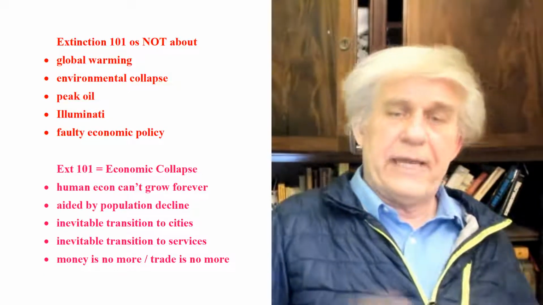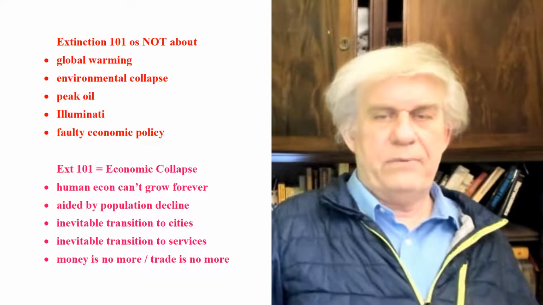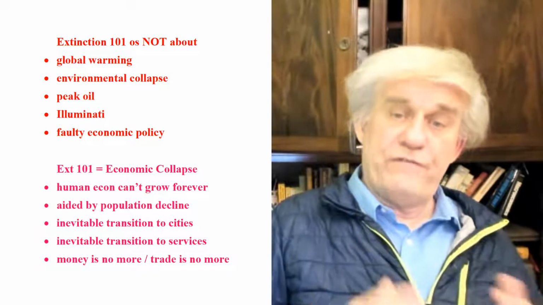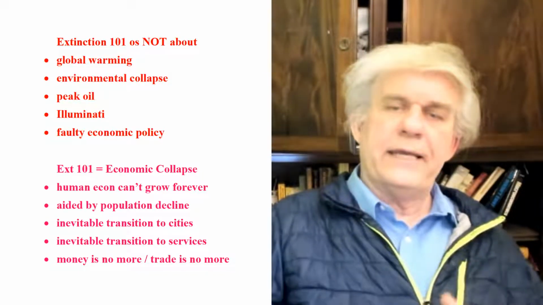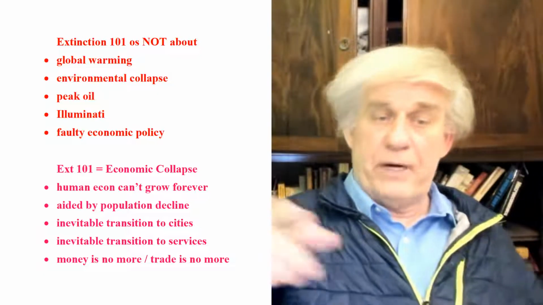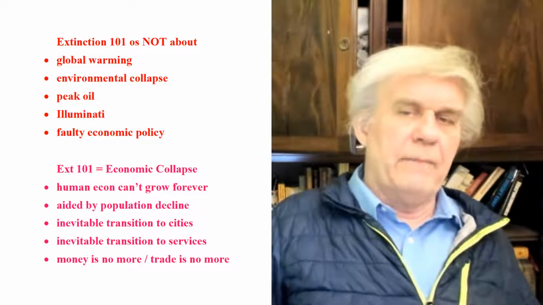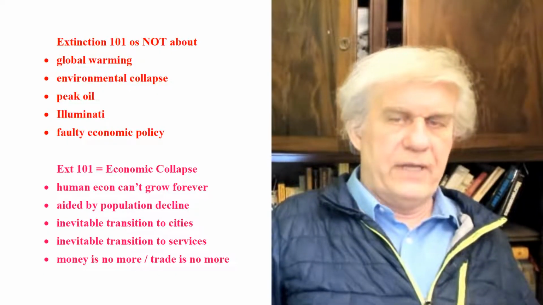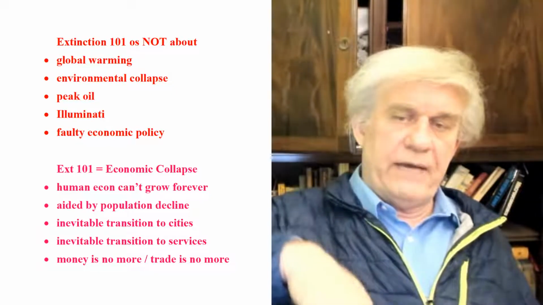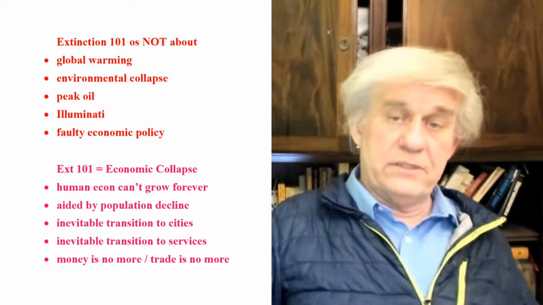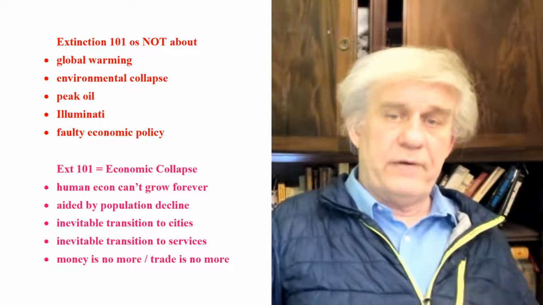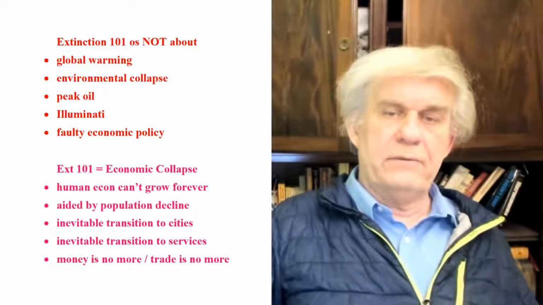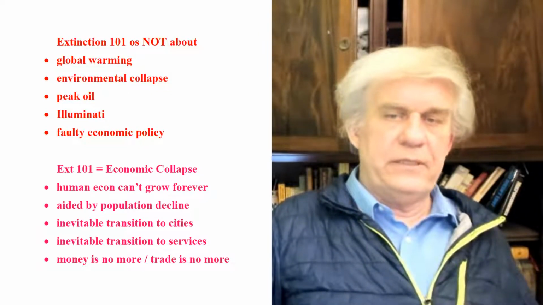The human economy can't grow forever. Our artificial global economy cannot grow forever and ever and ever. Part of the reason is because population doesn't grow forever. Since 1963, we have the curve going down. In other words, the birth rate is slowly going down. We were at 2.3 in 1963.